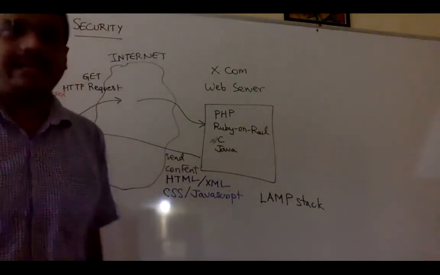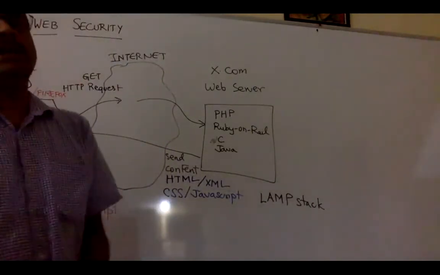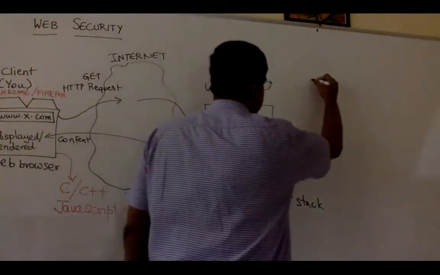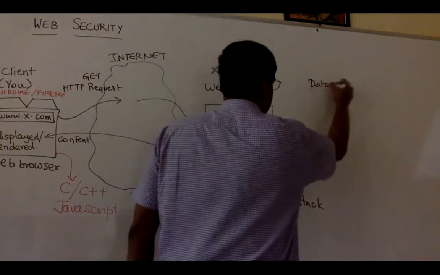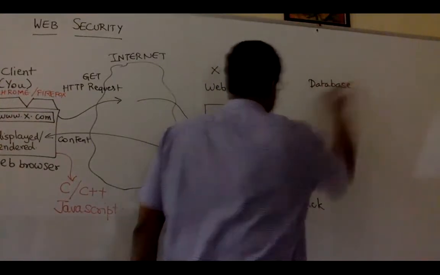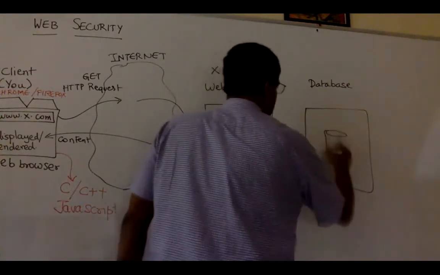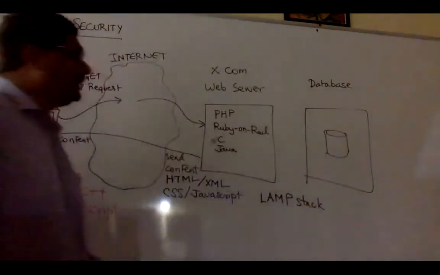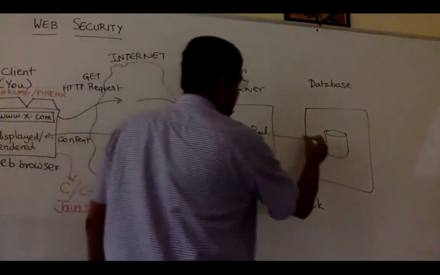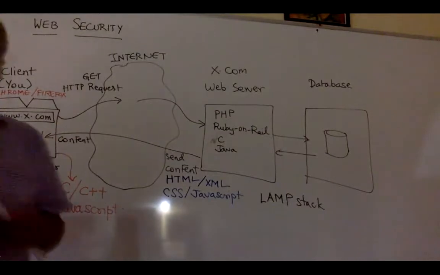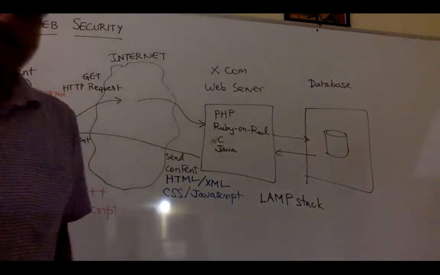So this is just one example of a popular web stack, but essentially this web server might interact with some backend database server, right? So maybe this web server, for example, is Amazon, and the Amazon web server needs to interact with the backend database of products that Amazon has to sell.